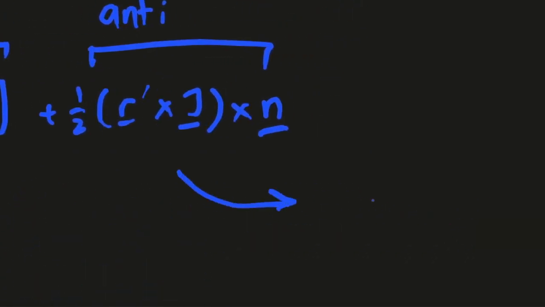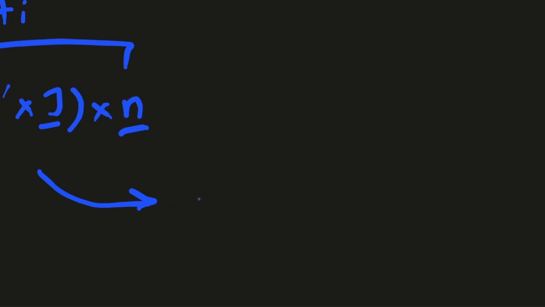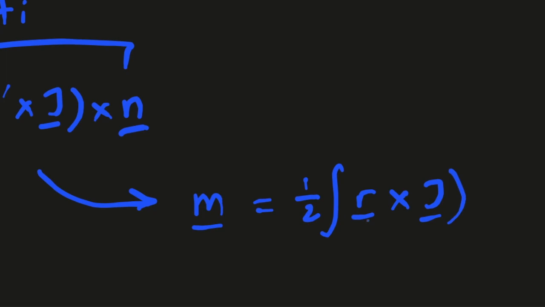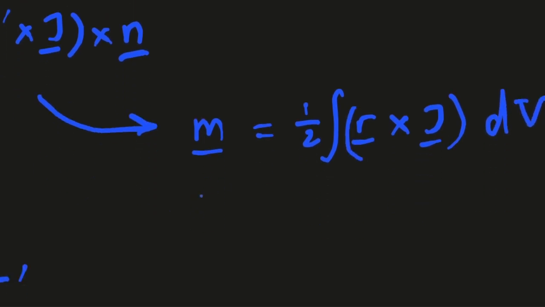Now let's look at the antisymmetric term. First of all, let's say we have a magnetic dipole moment like term, so the magnetic dipole moment is of this form. Oh dear, my laptop is lagging again. And we can get the vector potential.